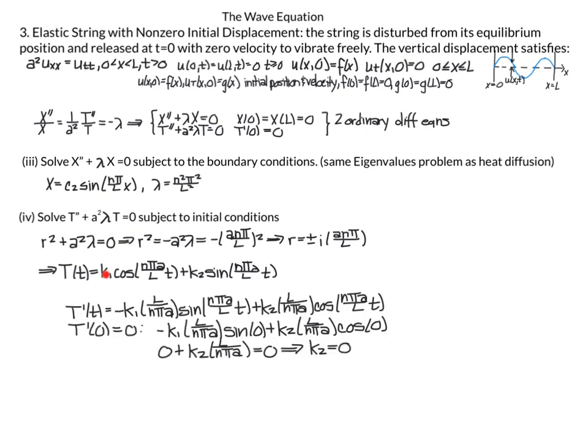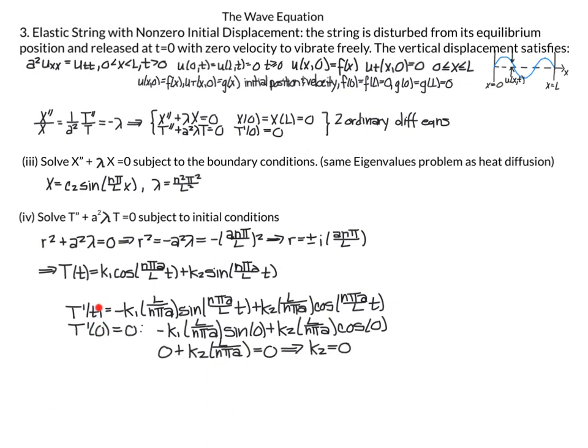To solve for the constants k1 and k2, I need to use my initial condition that t prime of 0 is equal to 0. So here I have the calculation for t prime. Because we're taking the derivative of cosine, I need a negative k1, times L over n pi a, sine of n pi a over L times t, plus k2 times L over n pi a, cosine of n pi a over L times t.